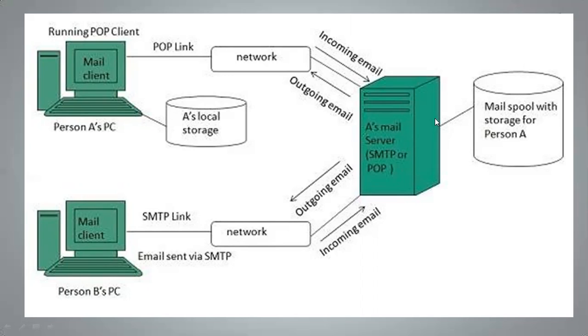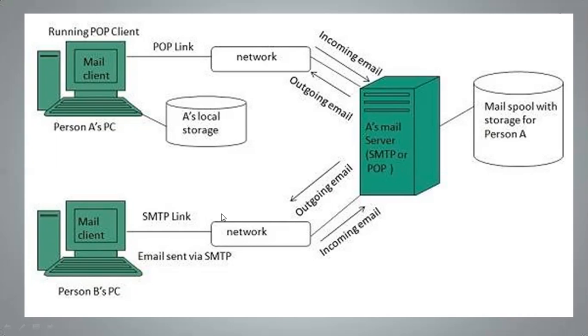Here the mail server may be an SMTP or POP server. The sender sends the message with the help of POP to the mail server. The mail server stores the messages sent by the sender.